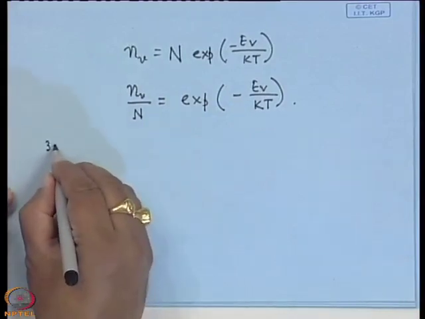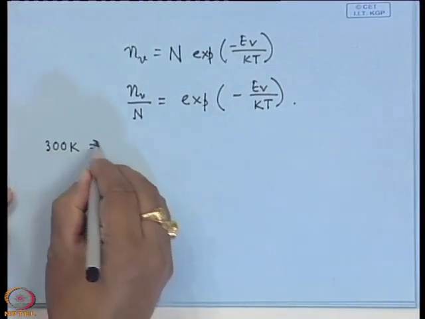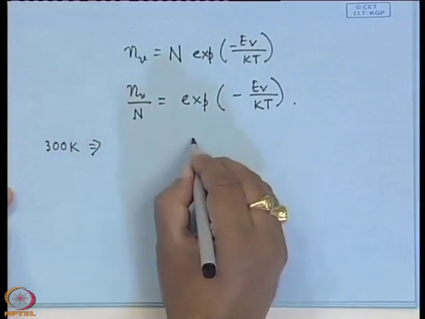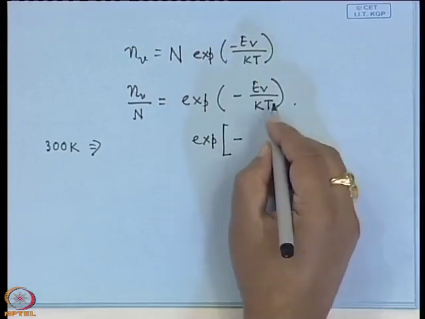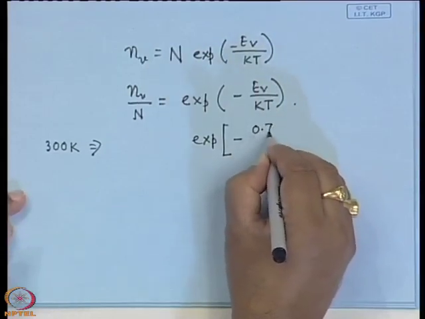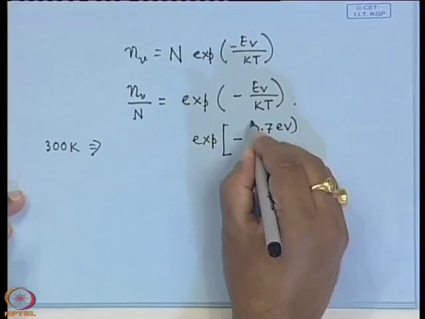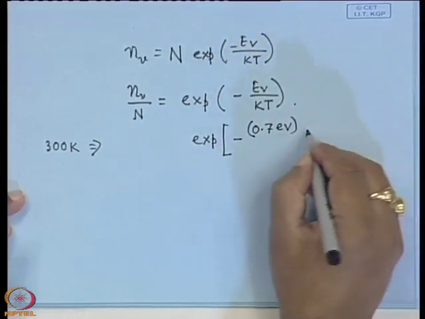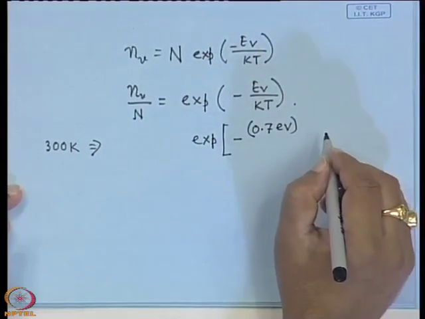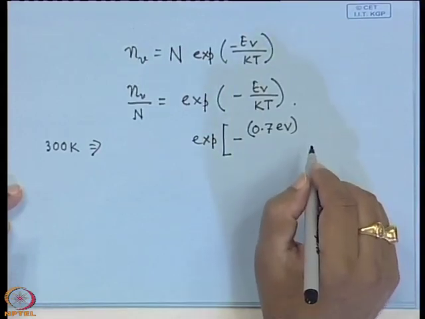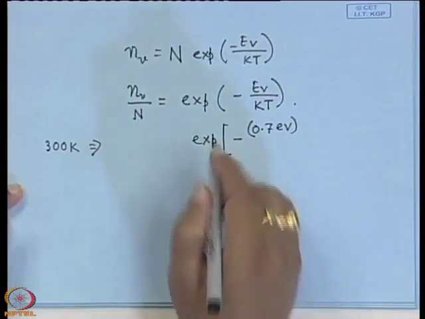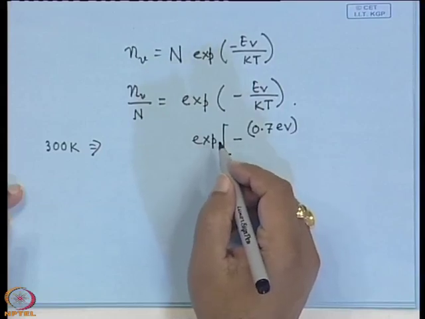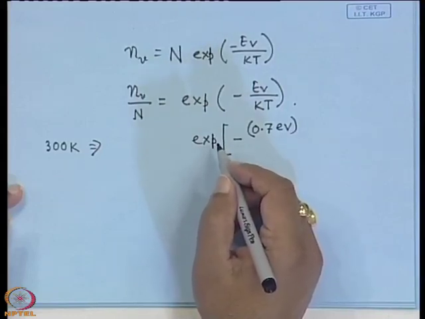At 300 Kelvin, it will be exponential minus E V, which is 0.7 electron volt. What is the value of N V by N? N V by N is 1.7 into 10 to the power minus 12.